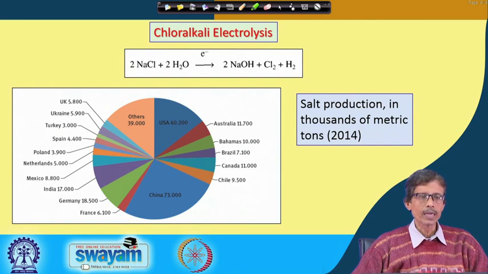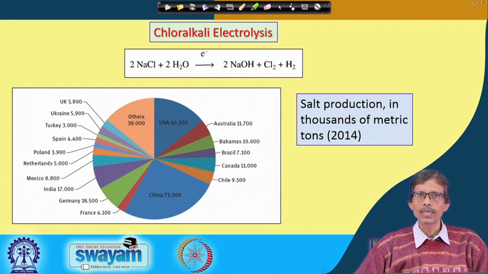So, it is a very important starting material from an industrial point of view, because we have a huge reserve of sodium chloride from the ocean and from the surface of the earth also.